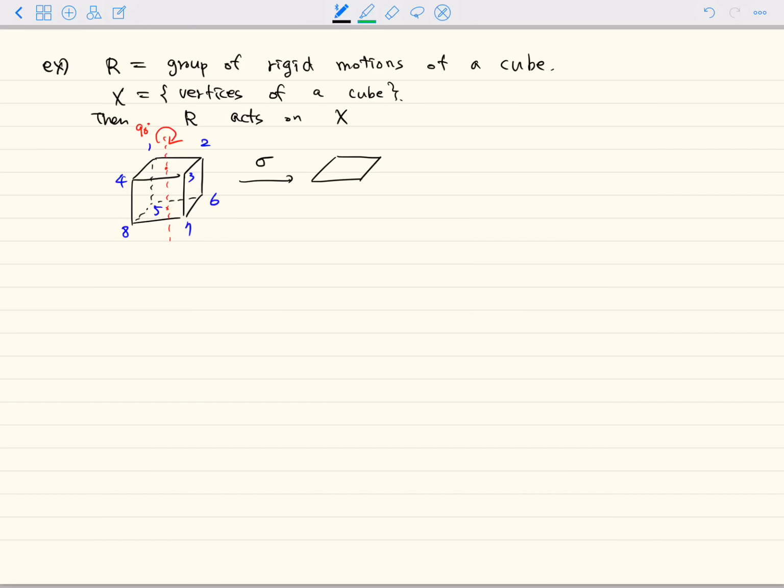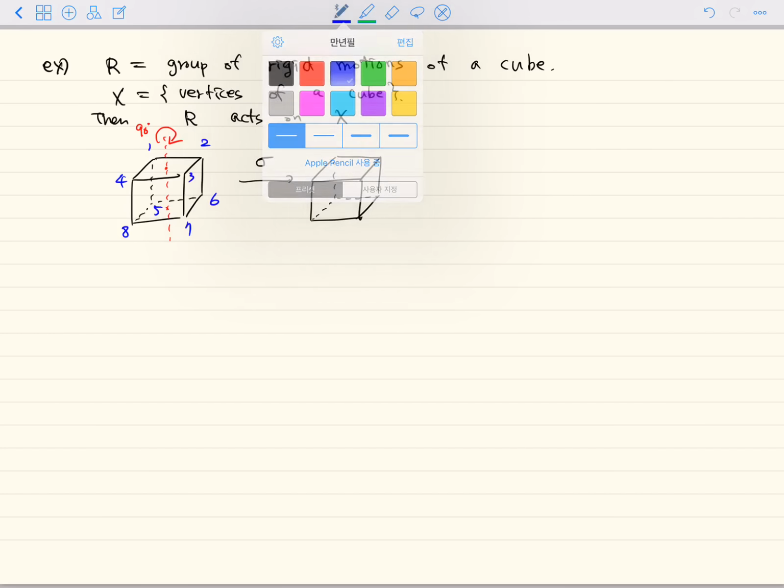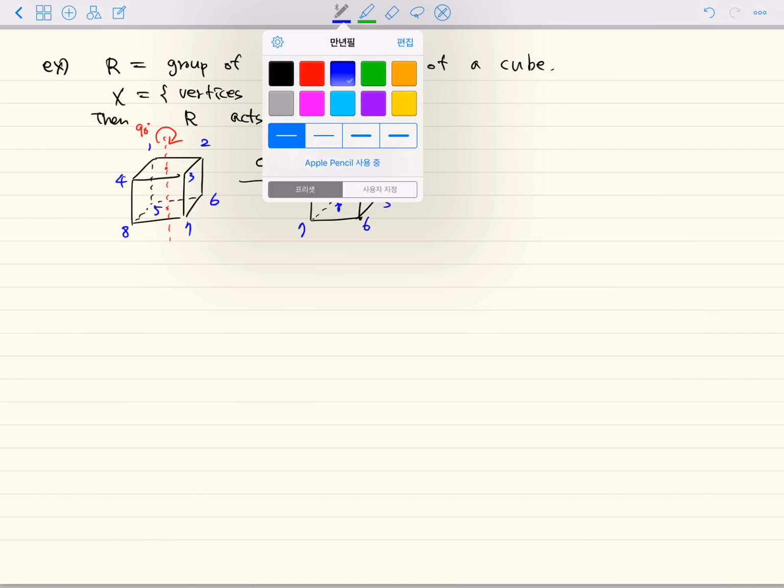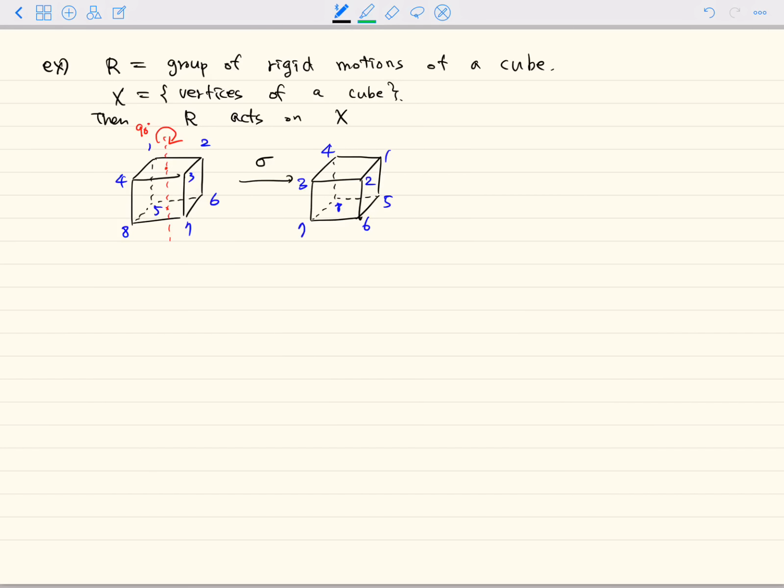Then what we get after this rotation for the group action, we have 1, 2, 3, 4, 5, 6, 7, 8. Okay, so it permutes the elements in X, which are vertices.